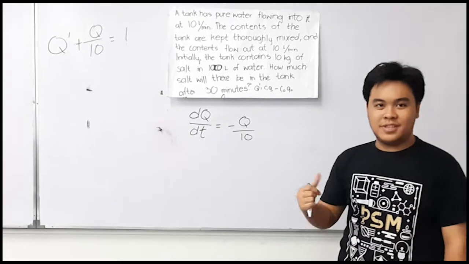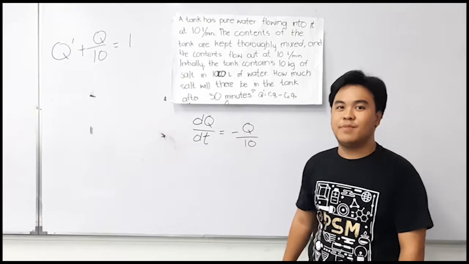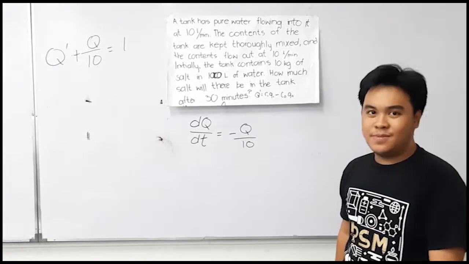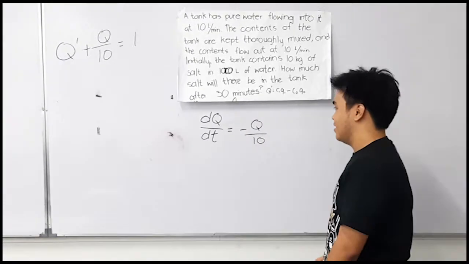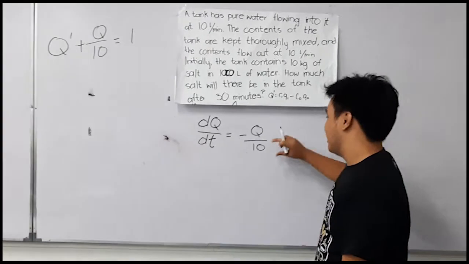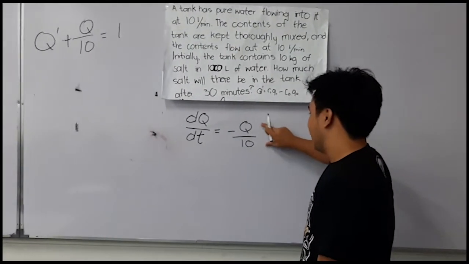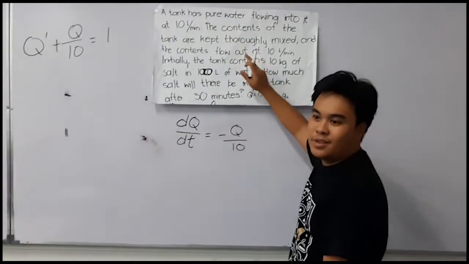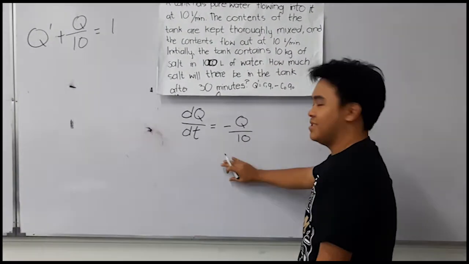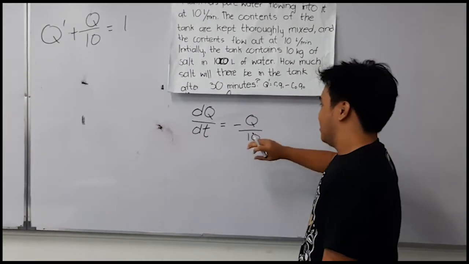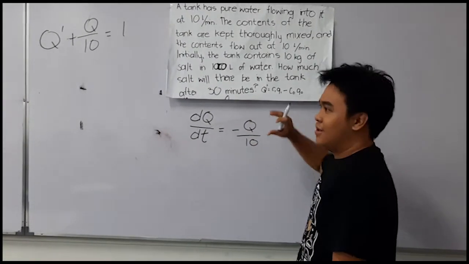So there's another way of solving this problem, through using separable differential equations. Now we already have our differential equation here, where the rate out is negative q over 10. Since the tank has pure water going through it, the concentration is 0. So automatically the amount of salt in the tank will decrease.